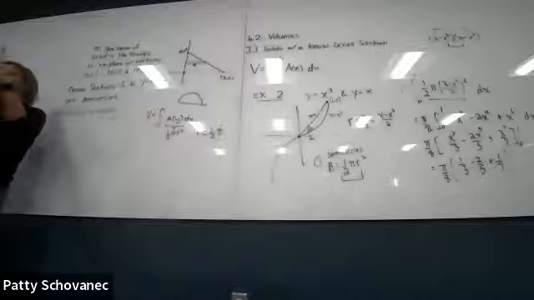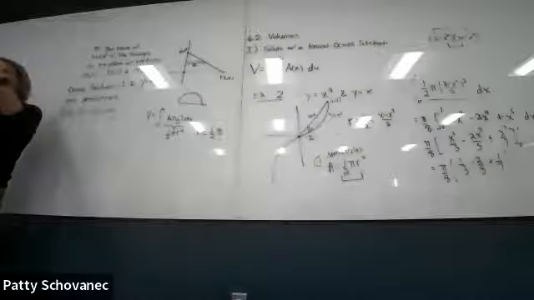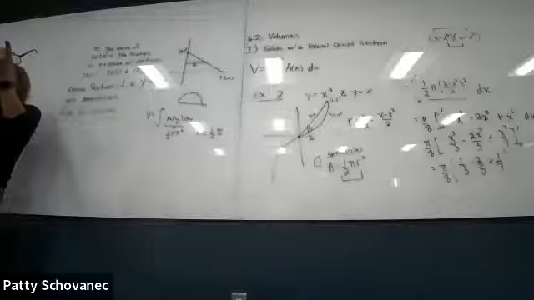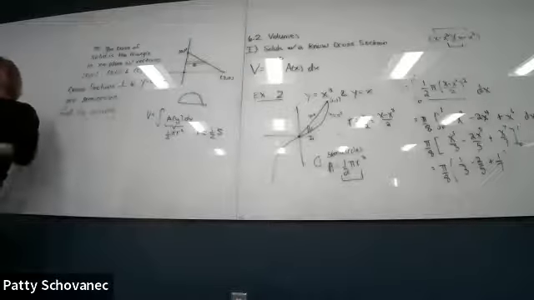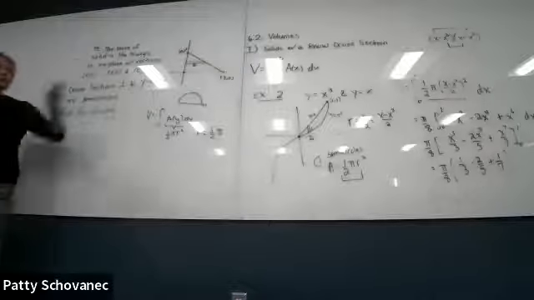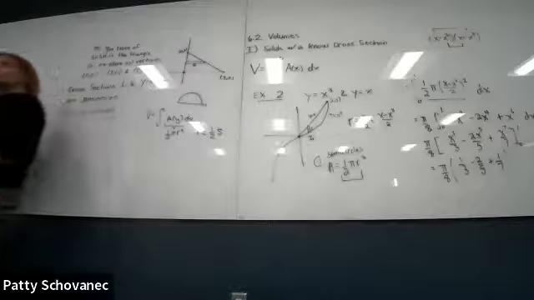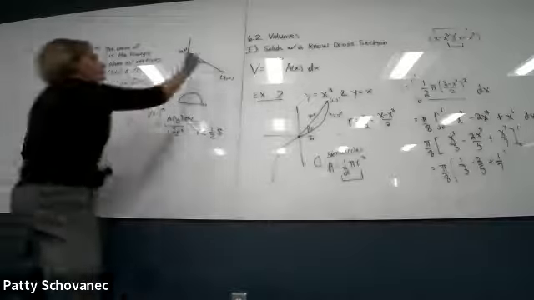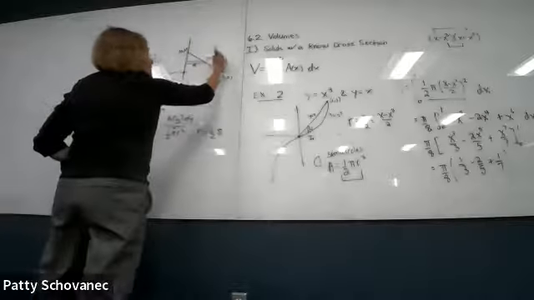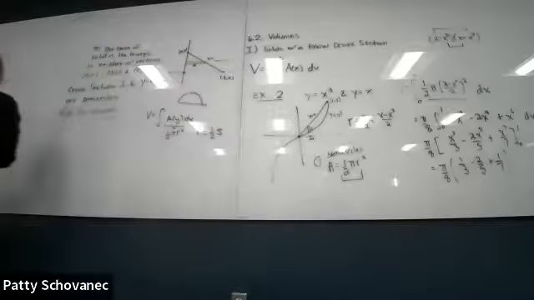How do you find how long the box is when you've got a horizontally simple region? Right minus left. We need the equation of the right graph. I've got the equation of the left graph. That's x is 0. Now it's your turn. I need the equation of the right graph, and write it as x is equal to some function of y.